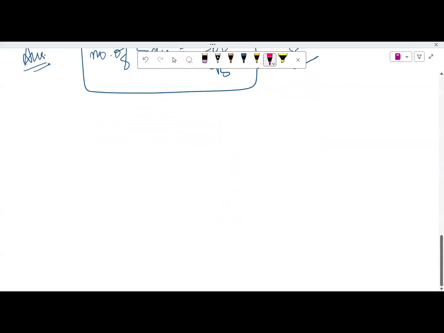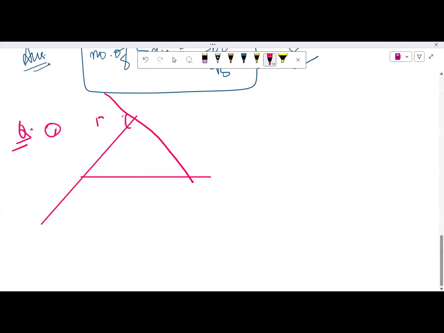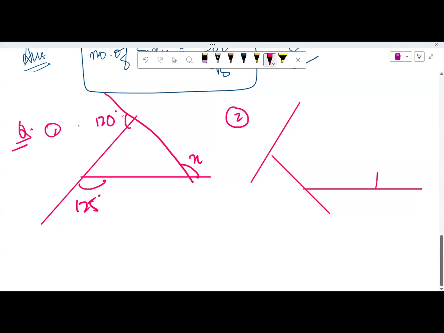Now, the next question is: you have to find the value of x in the following figure. Okay, calculate the value of x.